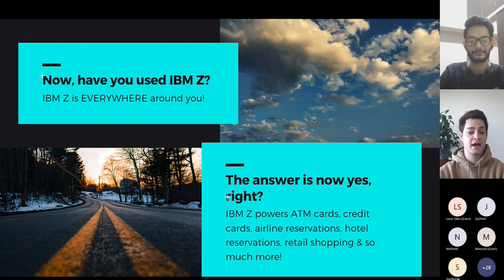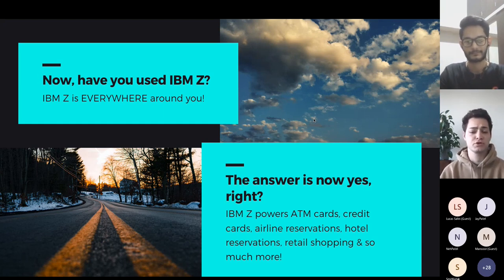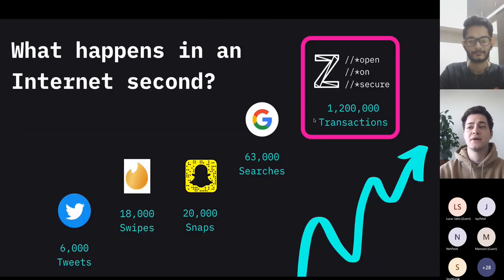So if you said yes to any of those questions, your preliminary no is actually wrong, because you have experienced the power of the mainframe computer, of the IBM Z machine, because it's powering all of those transactions, all of those business operations that go on in the background as you're purchasing items in a retail store, withdrawing money from the bank, and engaging in travel services.